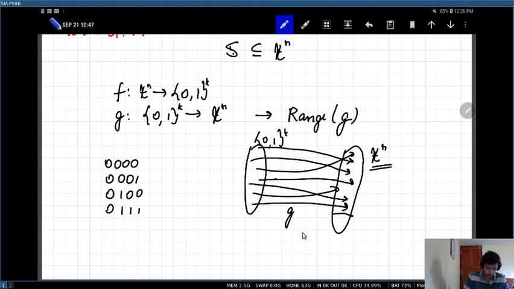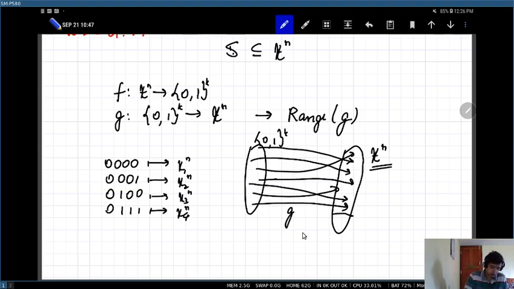So these are 4 compressed files, and suppose that this is mapped by g to x1n, this is mapped to x2n, x3n, and x4n.